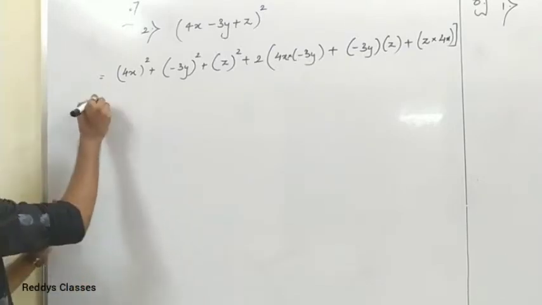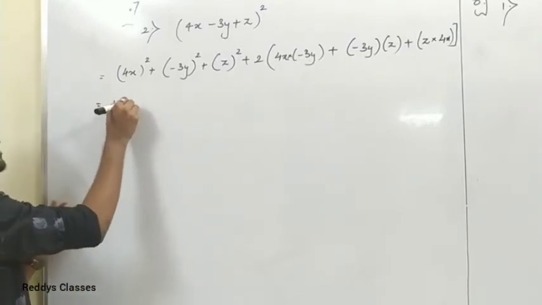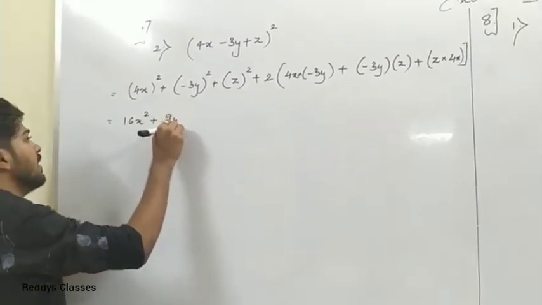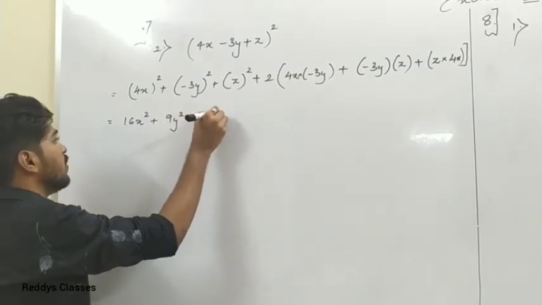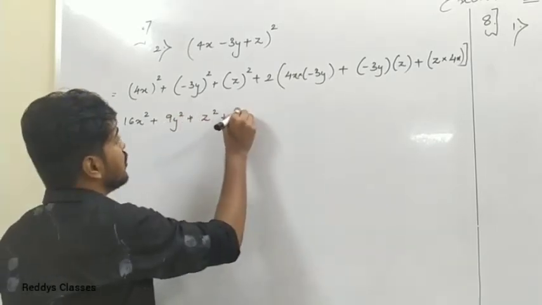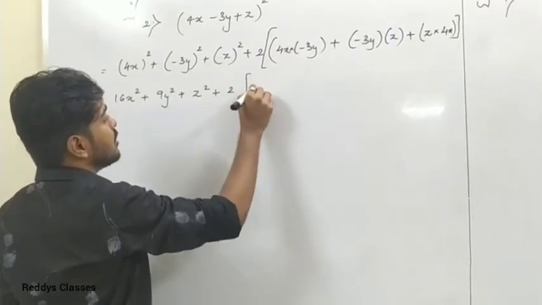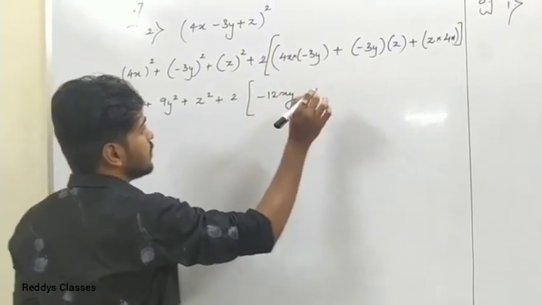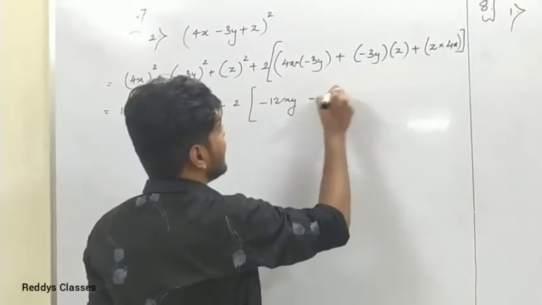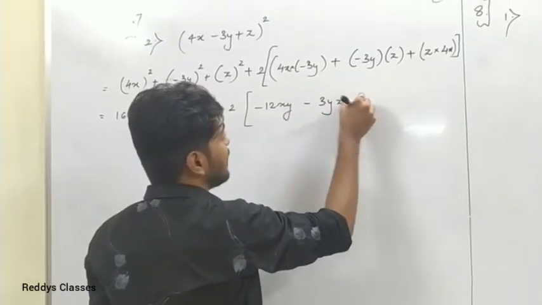So what is the value here? Square of 4 is 16x square plus 9y square plus square of z is z square plus 2 as it is here. What I get here? 4 3s are 12, minus 12xy. Okay, plus minus is minus 3yz. Directly I am solving here.